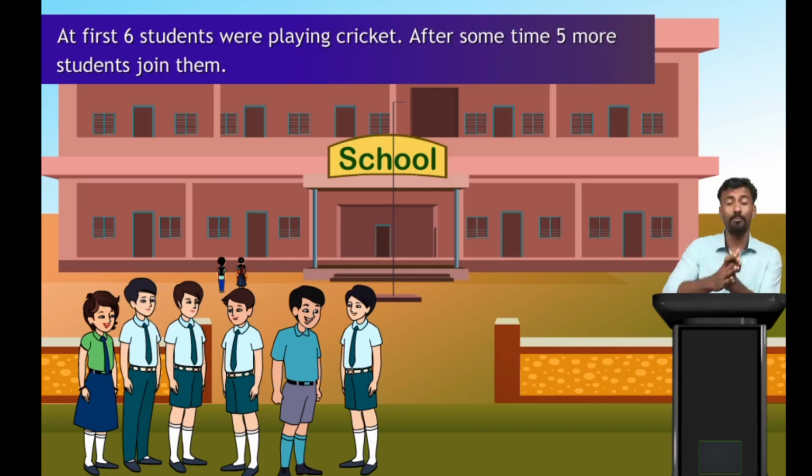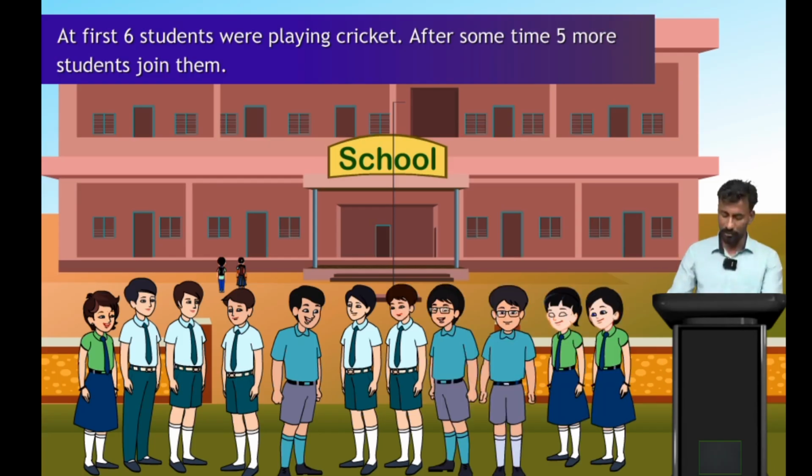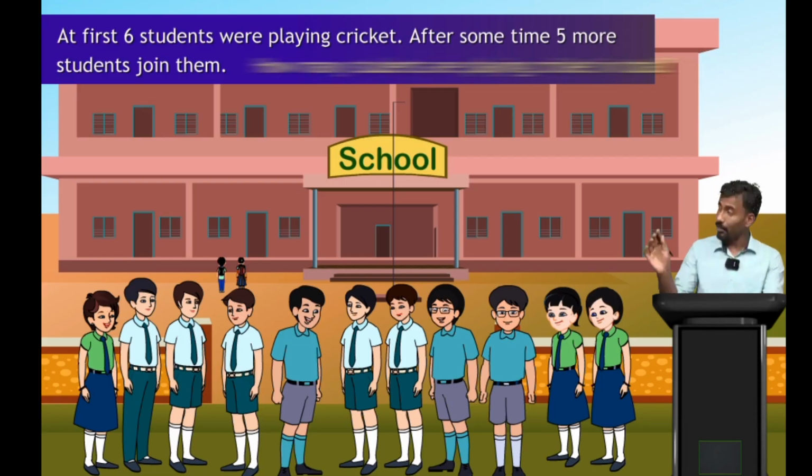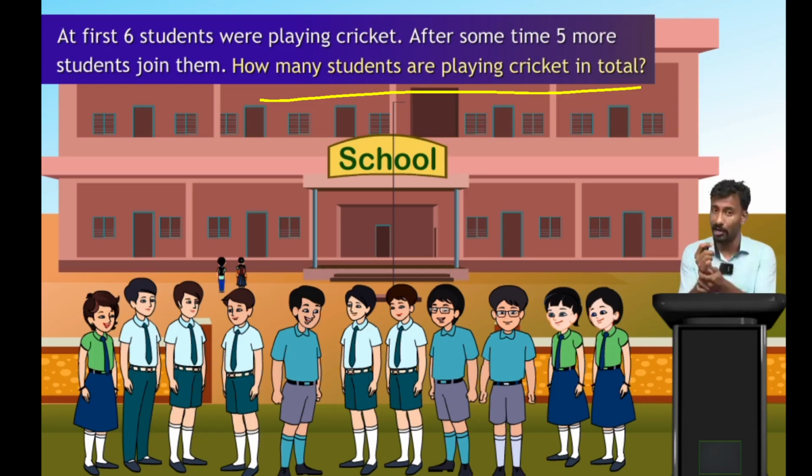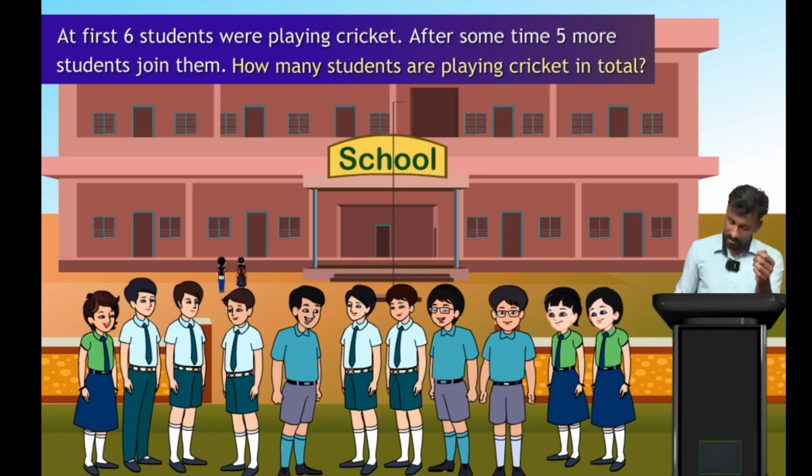So now look, 1 2 3 4 and 5, so a total of 5 students join them. Now the question is, how many students are there in the playground? How many students are playing cricket in the ground? So what will be the answer? The answer will be 6 plus 5.